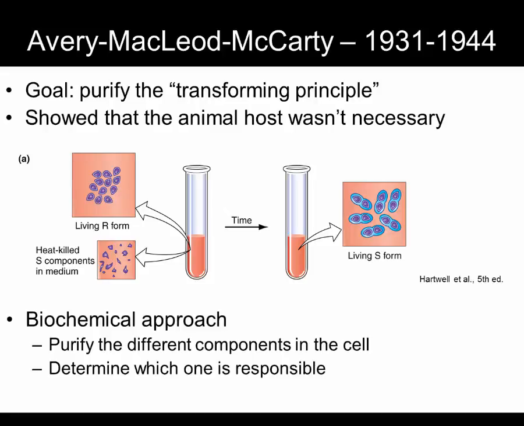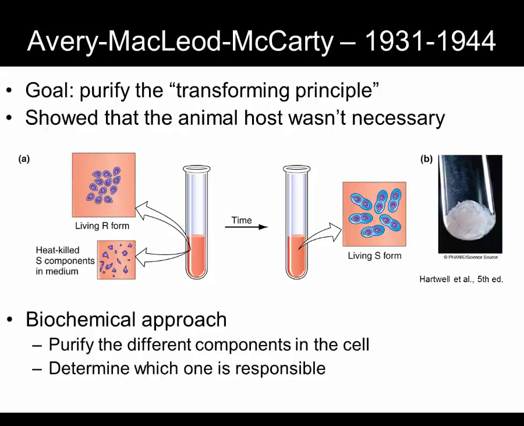They then took a biochemical approach and purified different components of the heat-killed S strain to see what was responsible. They found that an extract of DNA, shown here as a white thread-like precipitate, had the transformation ability. But this wasn't enough to convince everyone yet. So Avery, MacLeod, and McCarty did another series of experiments we'll discuss in class.